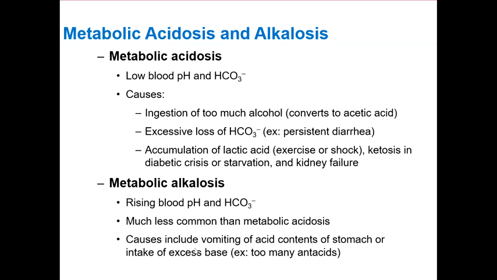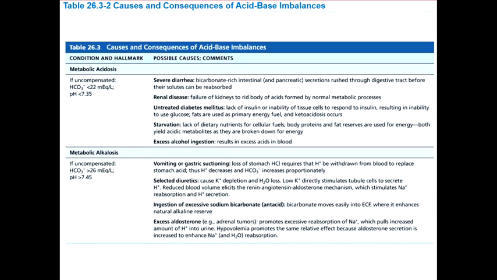It's really hard to do that, but if you have too many antacids, I guess that's a possibility where you're taking in too much base. That would be the opposite of getting rid of too much acid, like vomiting. And of course, we have the table for that here. Table 26.3 compares metabolic acidosis with alkalosis.